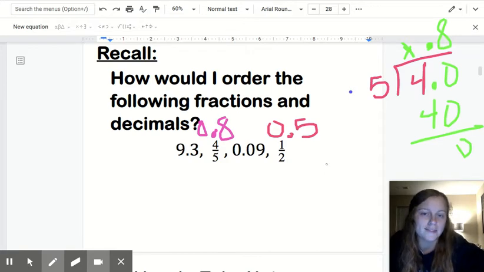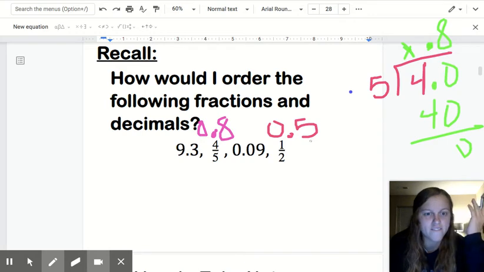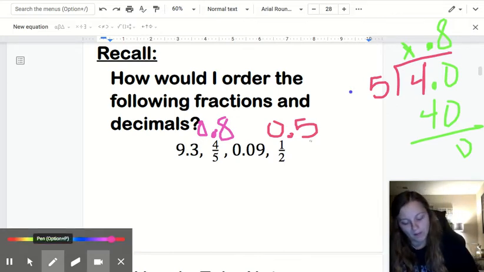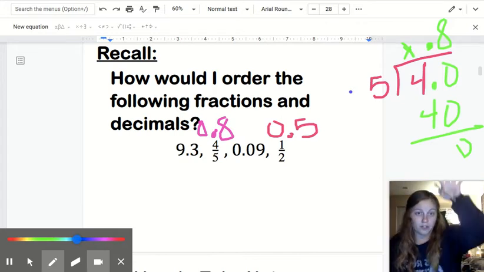So my smallest number here, you might think, oh, it's 0.5, that's smallest. Well, 0.5 is really like 50 cents. One thing I like to do is whenever I'm ordering decimals, I like to write them on top of each other.